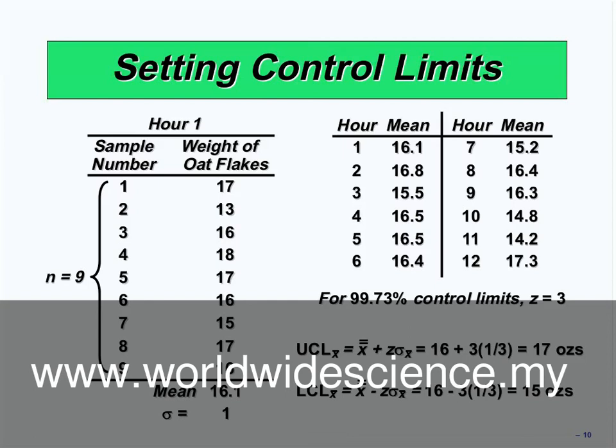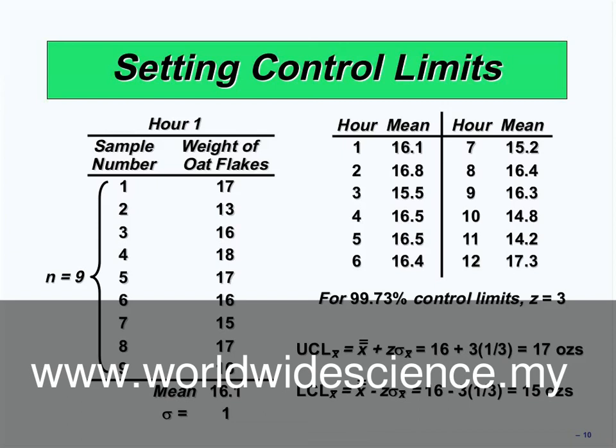All of the calculated means must be between these two numbers, maximum or UCL and minimum or LCL. If all of the means are between UCL and LCL, we can say the process is under control. Otherwise, the process is not under control.